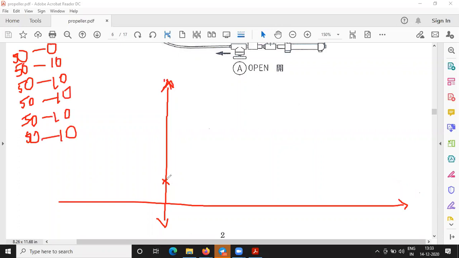Okay, so the graph is linear. 1, 2, 3, 4, 5, 6. Okay, at this point, I'll draw a line.